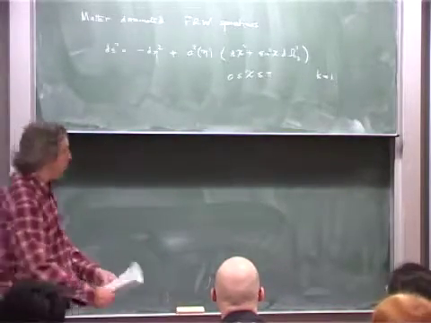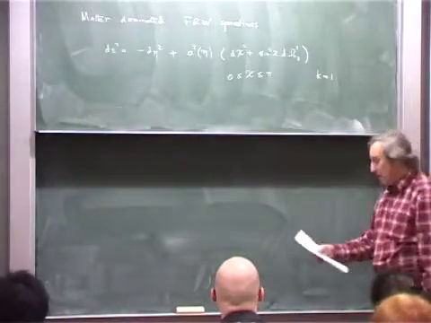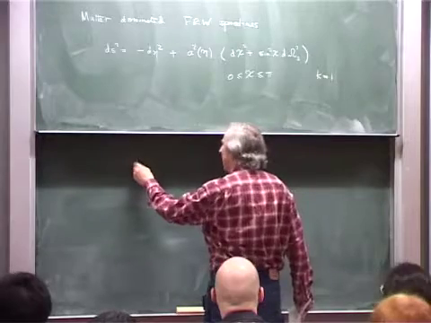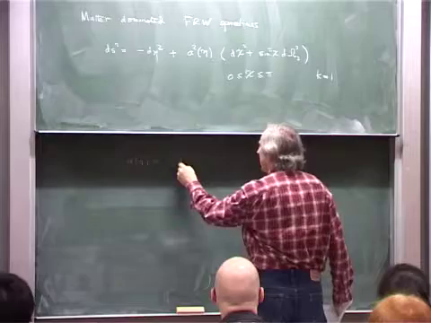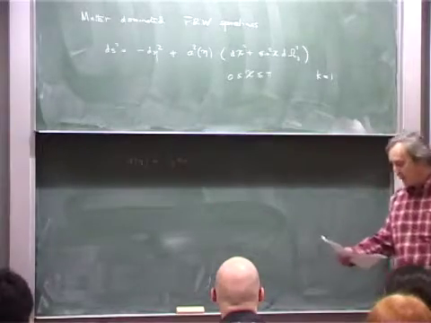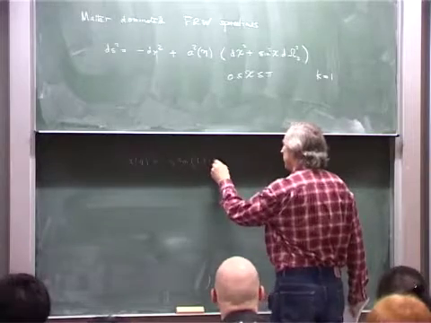If you ask what are the solutions of the Einstein equations which correspond to this metric, you know that the answer is A of eta is equal to half A_M, in other words, the maximum size of the universe, times 1 plus cos of eta.